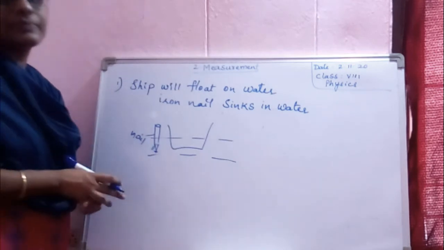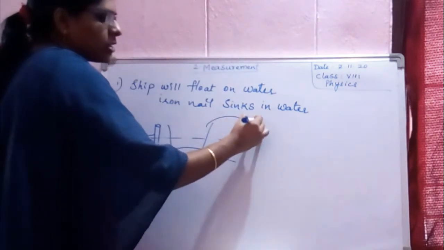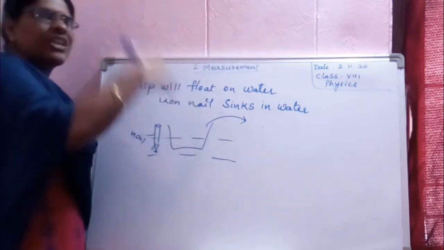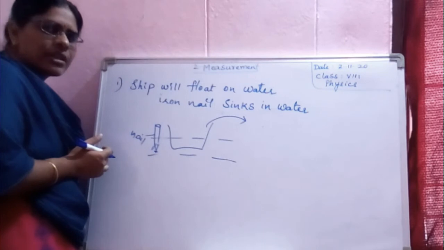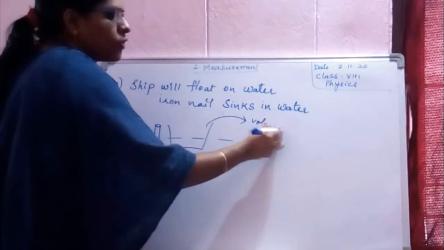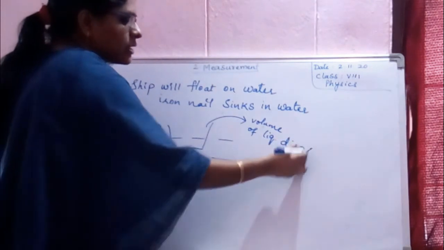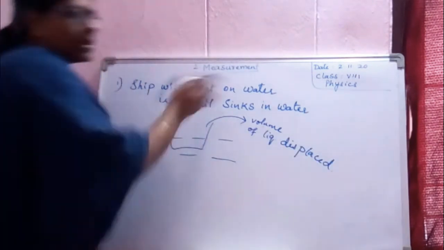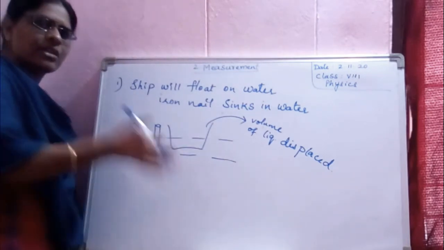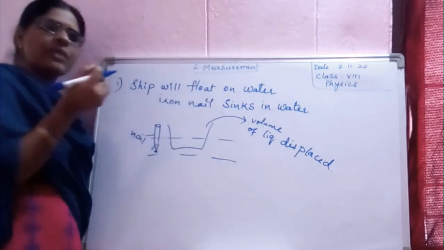What happens, children? When the ship is dipped inside the water, some of the liquid, that is water, will be displaced or not? Yes? Hence, some of the liquid will be coming out. As the base of the ship is touching the water, volume of the liquid displaced will be more in which case?